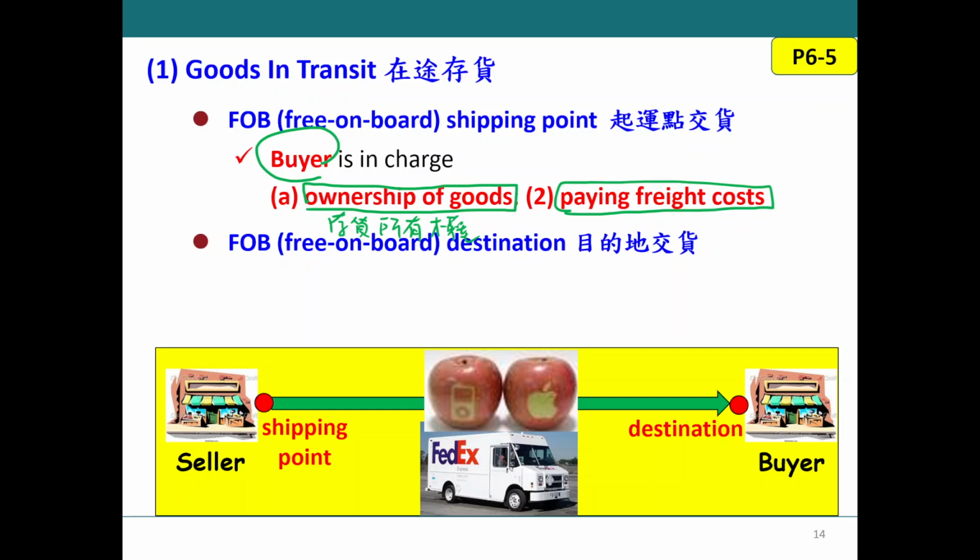So your cost of inventory increases, right?